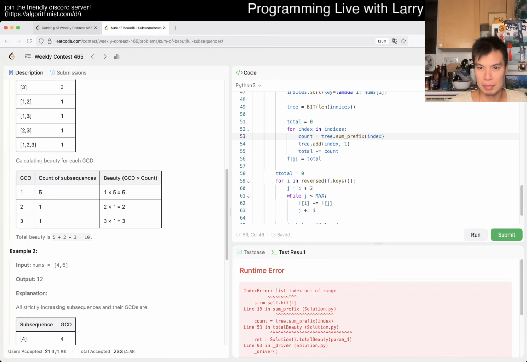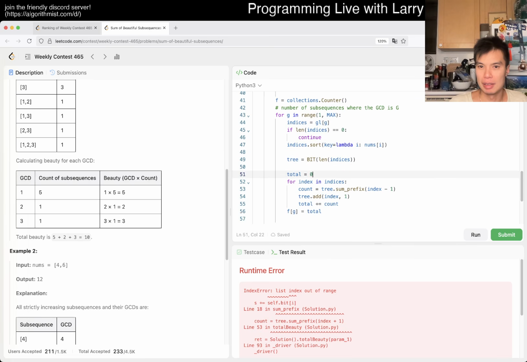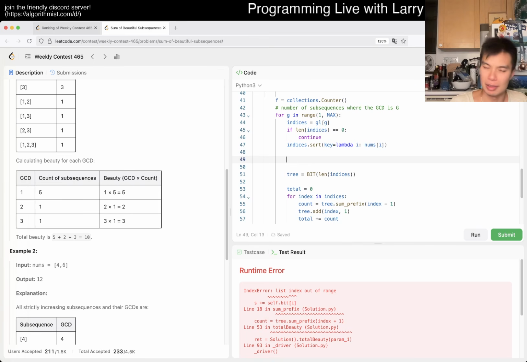Still makes things weird. Why is it going out? Oh, because this is the length of the indexes, but we're doing this on here. So we actually need to normalize these. Okay, that makes sense. That's annoying, but it makes sense.